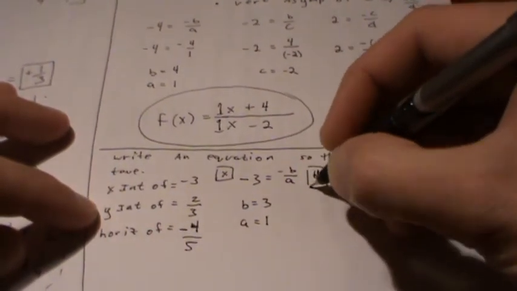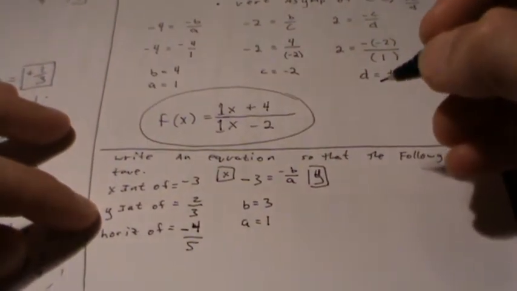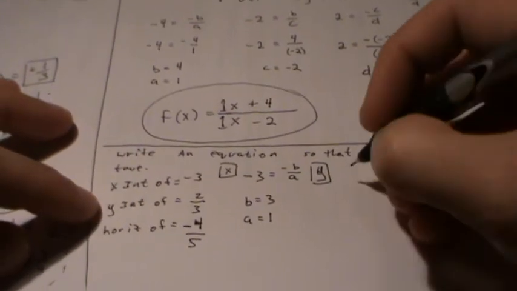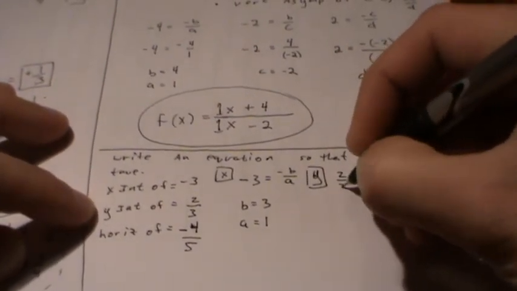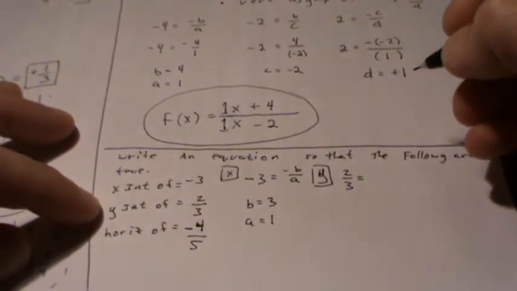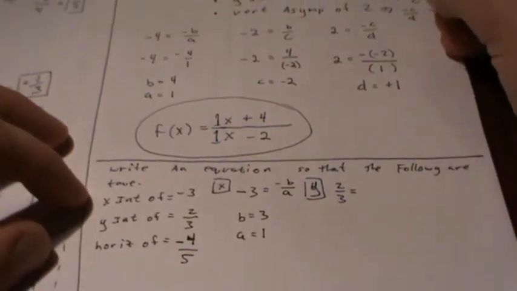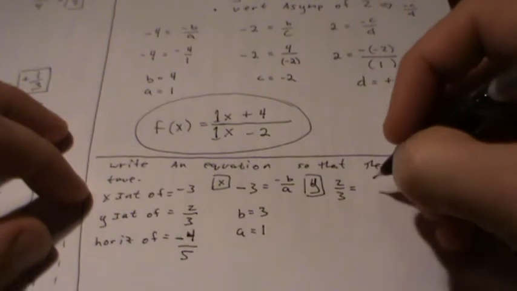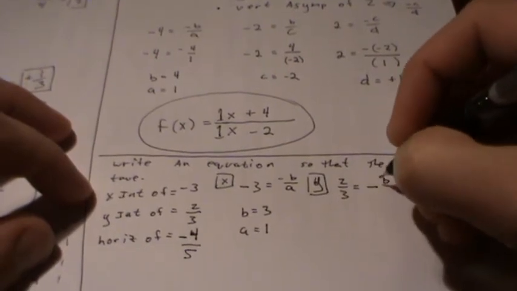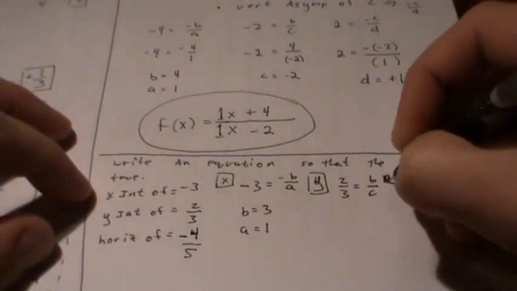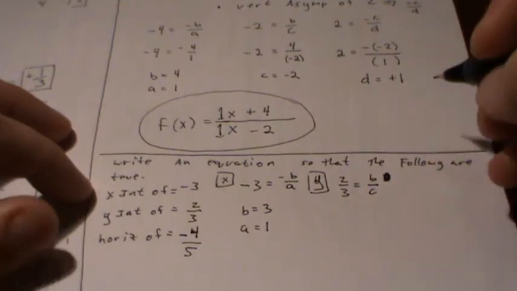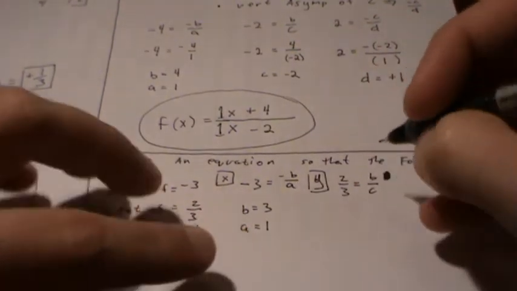This is the y-intercept. I know that the y-intercept must be 2/3, and the y-intercept needs to be equal to b/c. Oops, b/c. I kind of messed that up there. But I do know that my b is already 3.